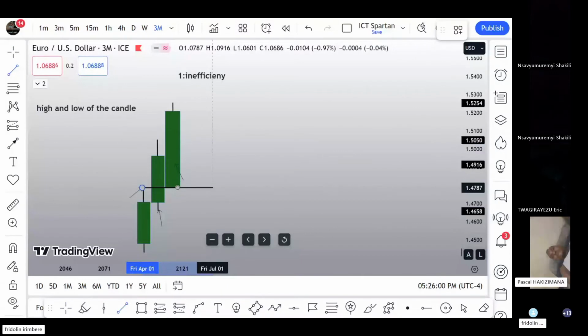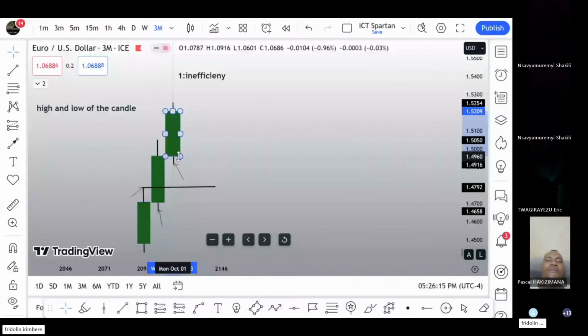We need to have price like this, but we can't have something like this because the price will go up a little bit and then close here. This is the open, just here. It open and then drop lower and scissor.